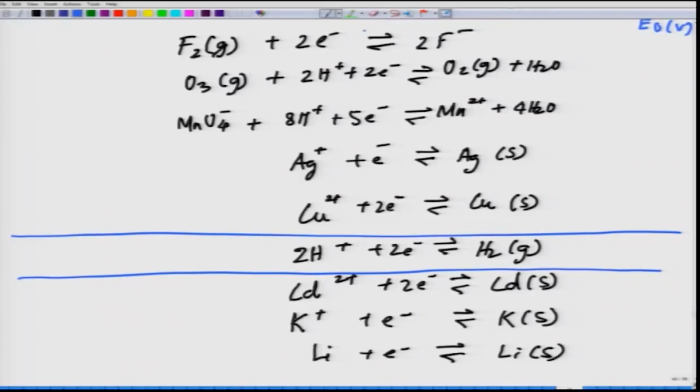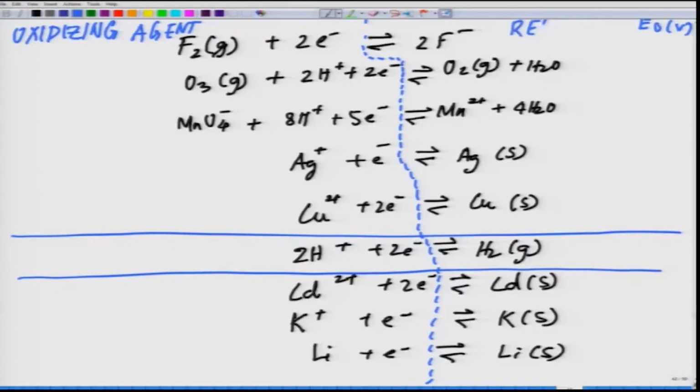So if I had to really split it up, I didn't put all of them in line. On this side what you are having are the oxidizing agents. So you remember oxidizing agents are the ones which get reduced in the process, and reducing agents get oxidized in the process.